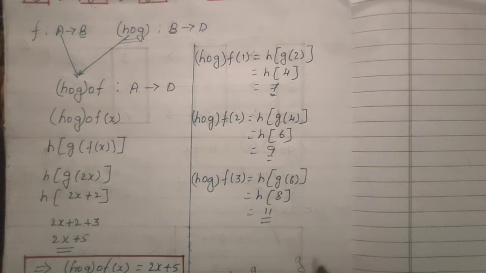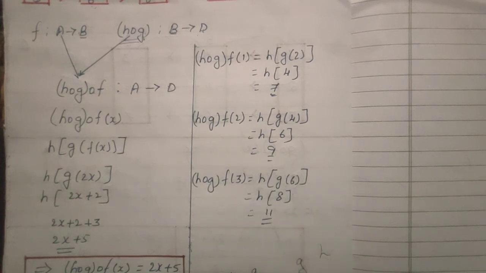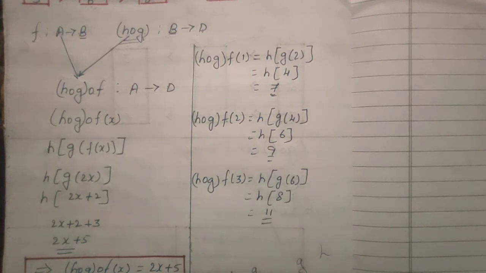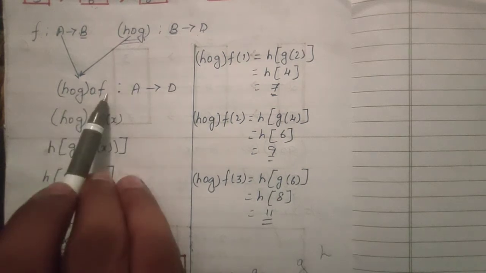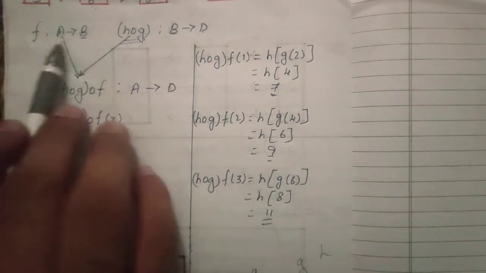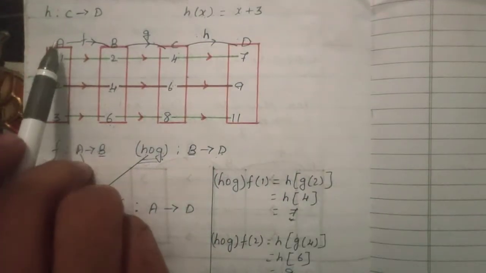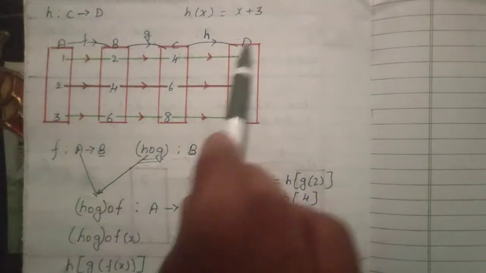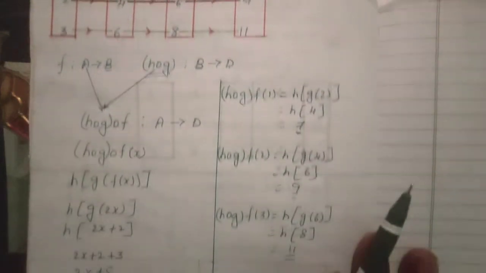When you combine g and h, I will say h of g. f is one function, this h of g is another function. When you combine these two, first you should take h of g of f. That means the complete meaning is you are telling the relation from A to D.